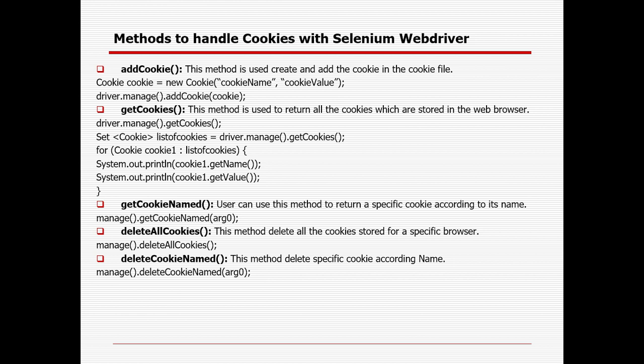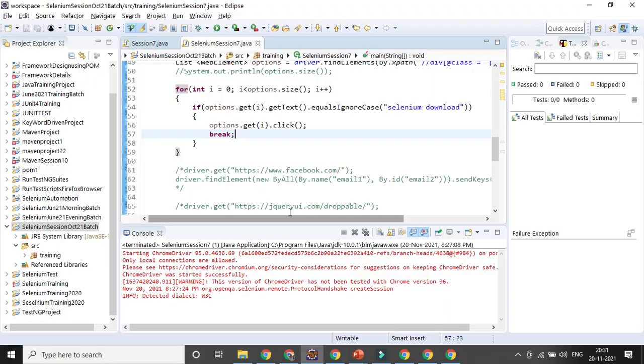With the help of add cookie, you can add a cookie. If you want to get only a particular cookie, you can use get cookie named. Otherwise, if you want to get all the cookies, you can use get cookies. If you want to delete all cookies or a named cookie, you can use delete all cookies and delete cookie named. Every time you open any page, you can use delete all cookies.